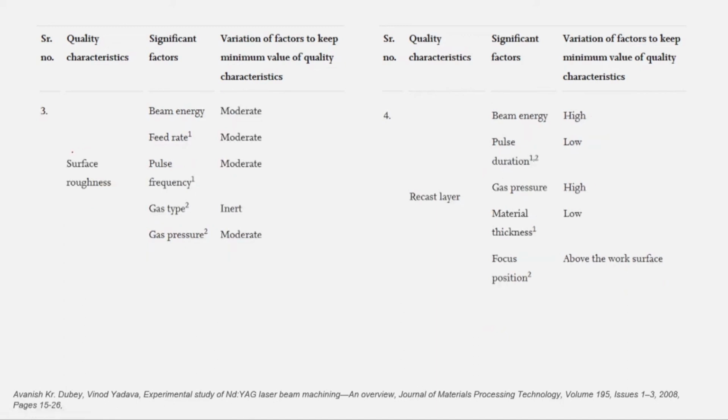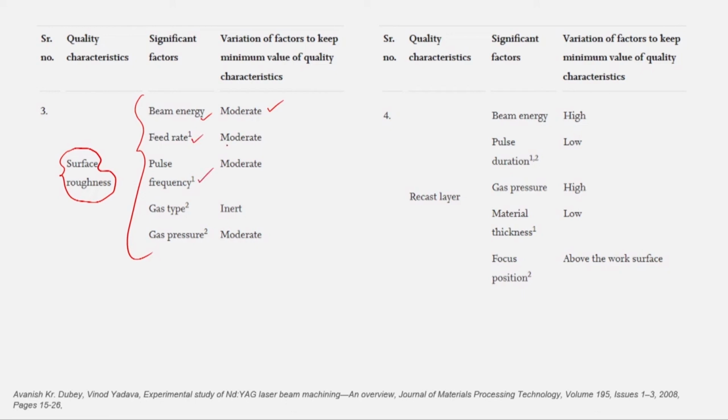Then there is another surface or product quality factor, that is the surface roughness. Again, look at the various factors which are affecting the surface roughness. To have a controlled or good quality surface during the laser beam operation, we use a moderate level of beam energy, feed rate and pulse frequency.